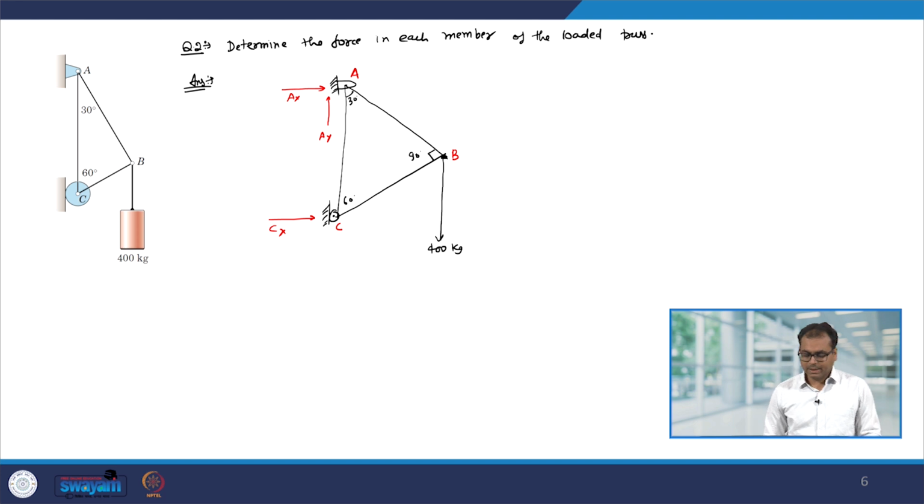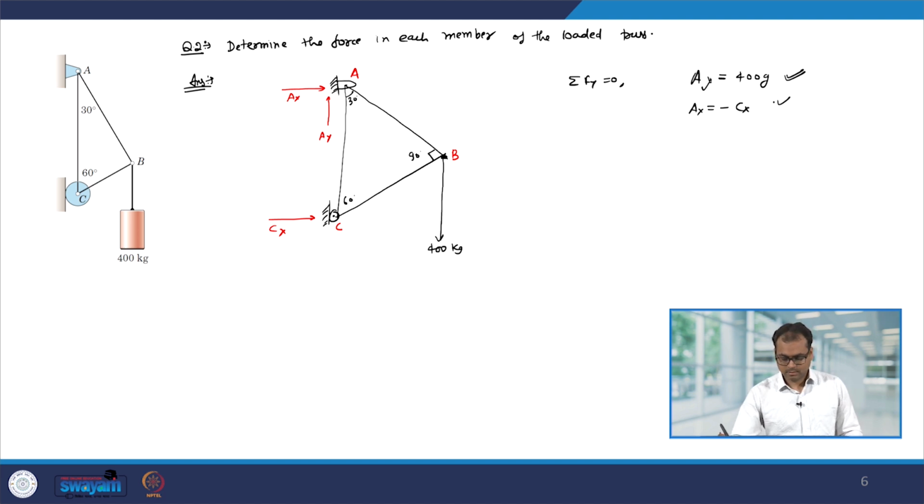Now, let us balance the vertical forces. So, you can see from the vertical forces we get Ay equal to 400 G, and also you can see that Ax is equal to minus Cx. So, this we get by considering the free body diagram of the entire truss.